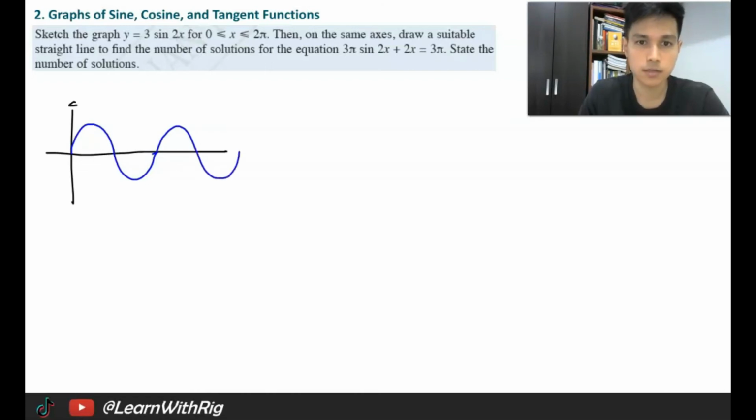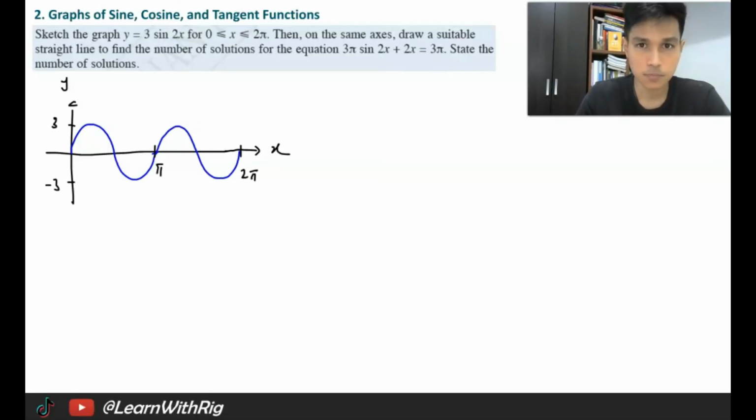Okay, this is 2 cycles. Here's x, here's y. Here would be 2 pi, here would be pi. The amplitude would be, see the amplitude they gave you 3, right? So it's 3 and -3. Okay, so now this is how the graph should look like.